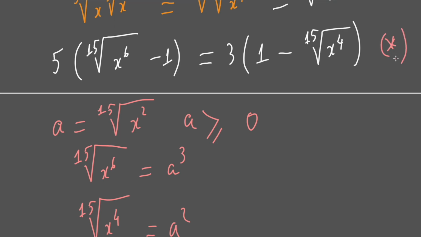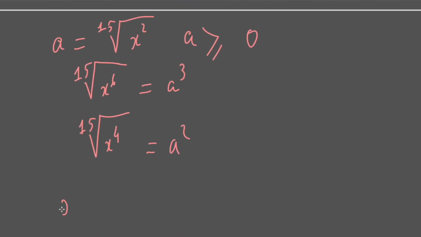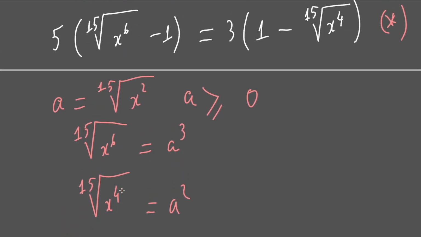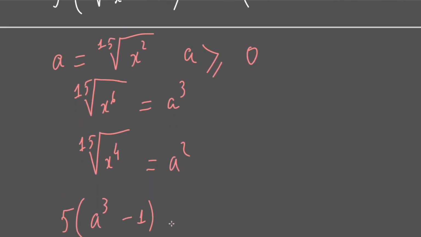Then the equation (*) would be 5 times a cubed minus 1 equals 3 times 1 minus a squared.